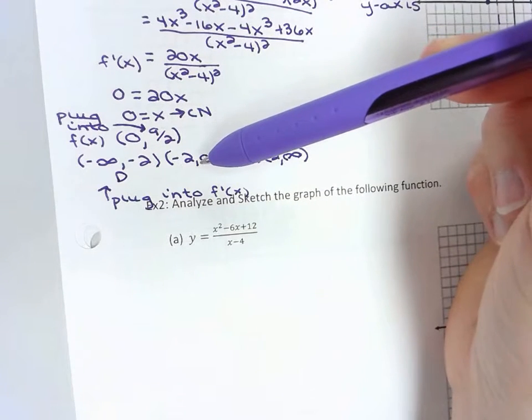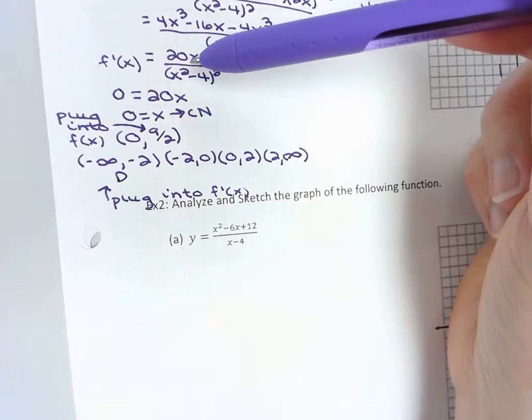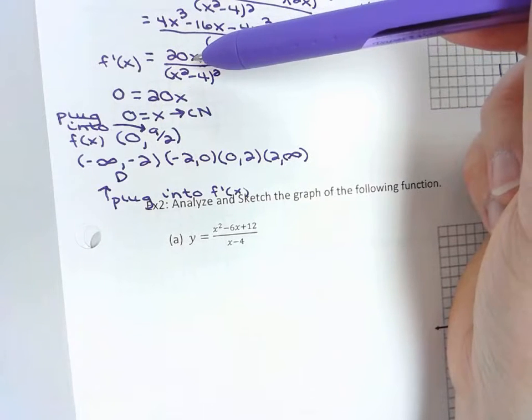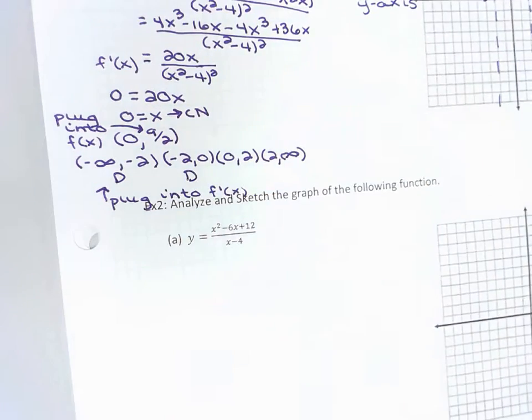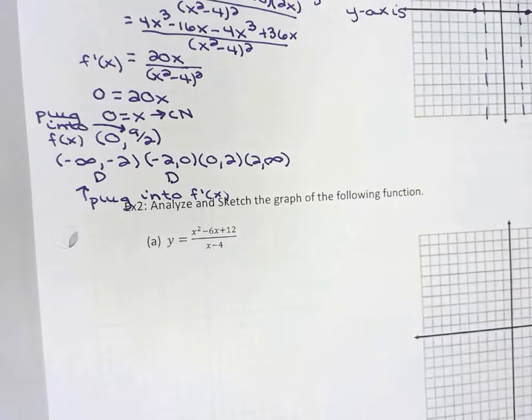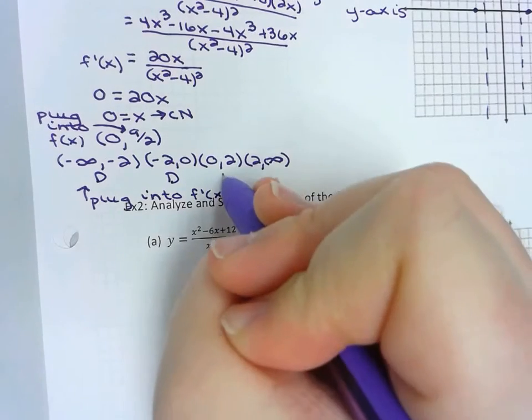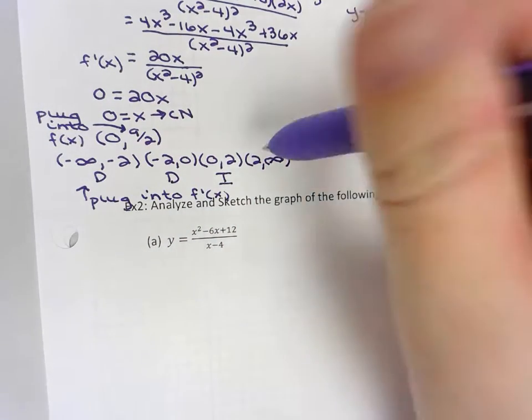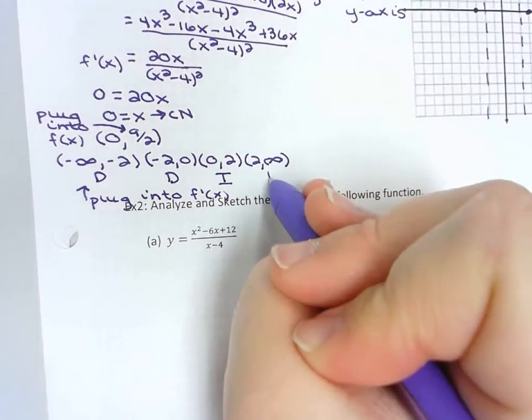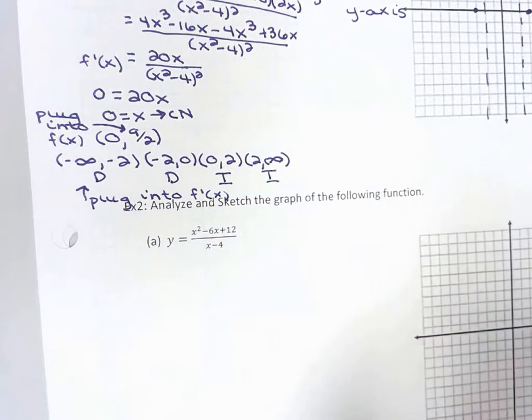Negative 2 to 0. If I plug in a negative 1, I'm going to get a what on top? Negative over positive, so that is also decreasing. 0 to 2, if I plug in a 1, I'm going to get back a positive. Positive over positive, so it's going to be increasing. And if I plug in a 3, I'm going to get back a positive, which makes sense.